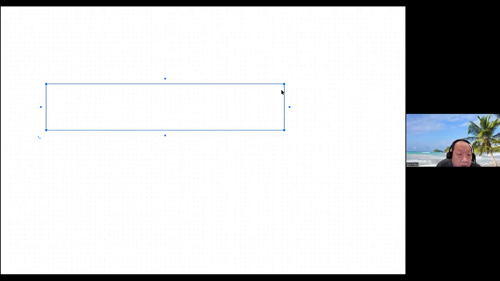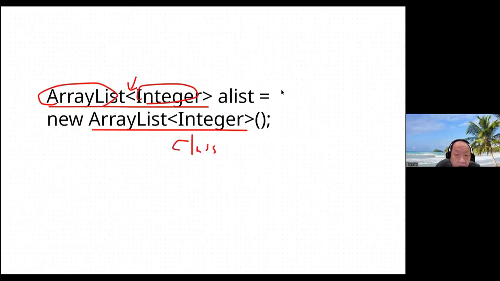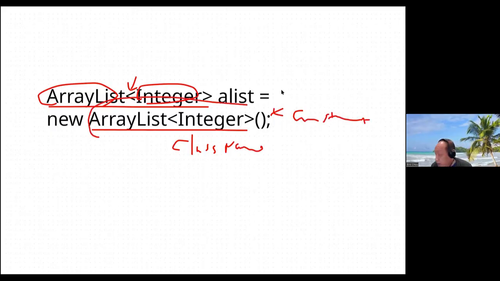The data type is ArrayList of Integer. This is one data type. So this one is the class name as well. You put a parenthesis, it becomes a constructor. So you call this constructor to build an array list, and the address is stored into this reference variable a list.